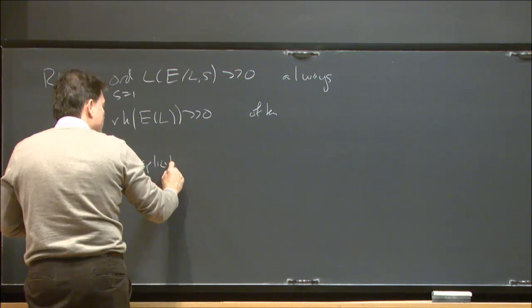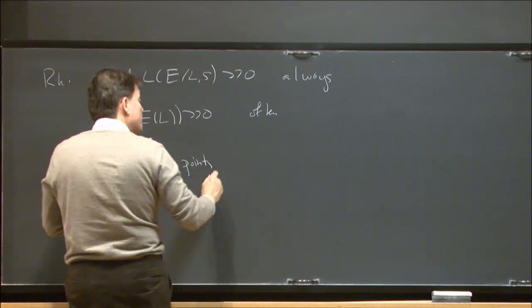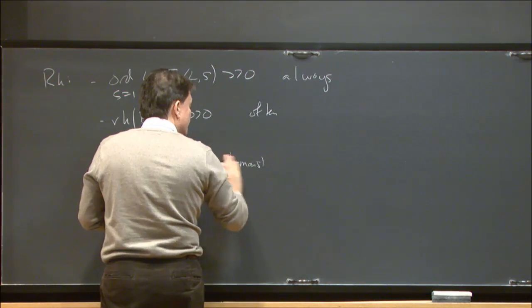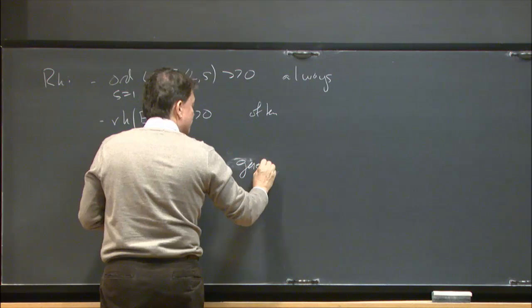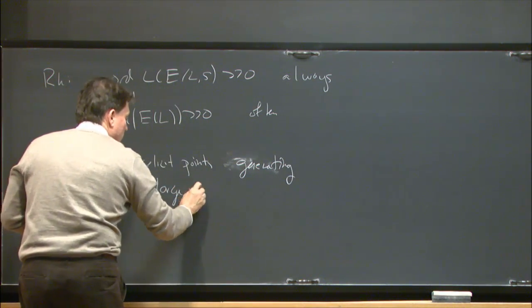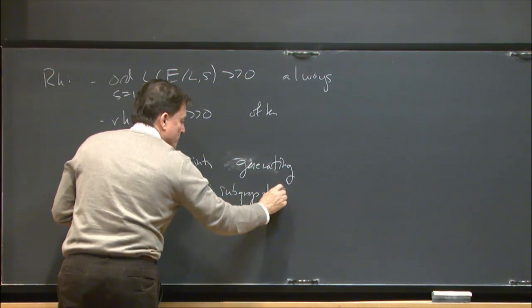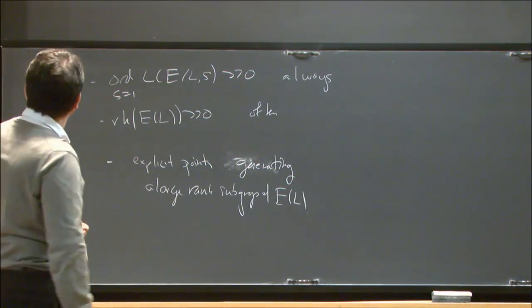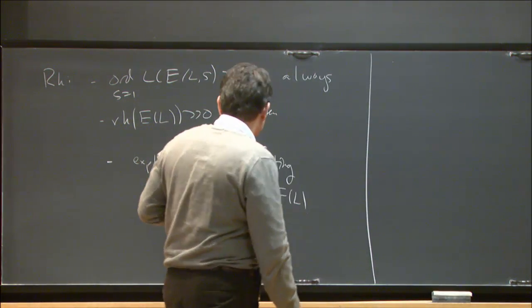So not just knowing that this group is large, but you can actually make constructions where you have explicit points demonstrating, or let's say filling out a large rank subgroup, generating. So depending on your desire for explicitness, you could take your pick from this list. But they're all available in at least a significant quantity of examples.